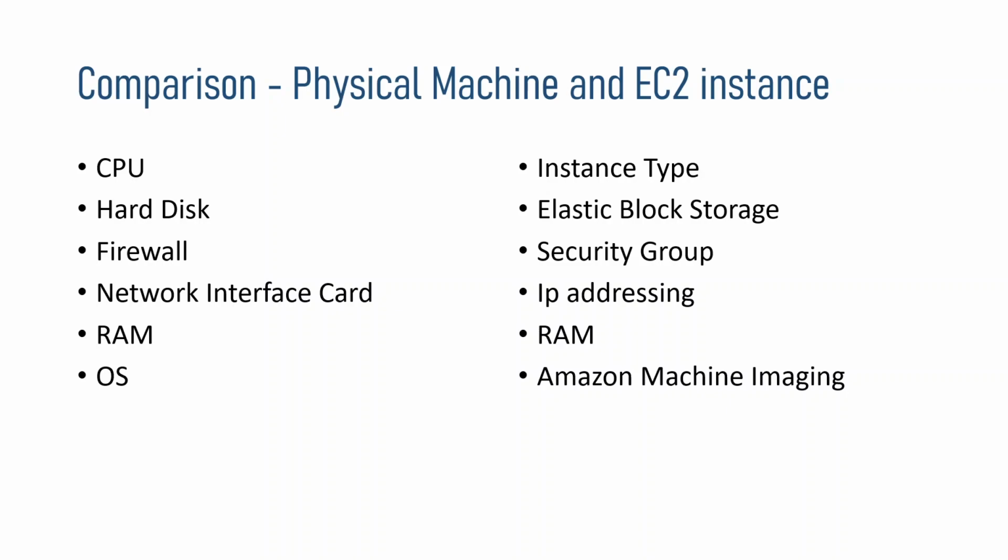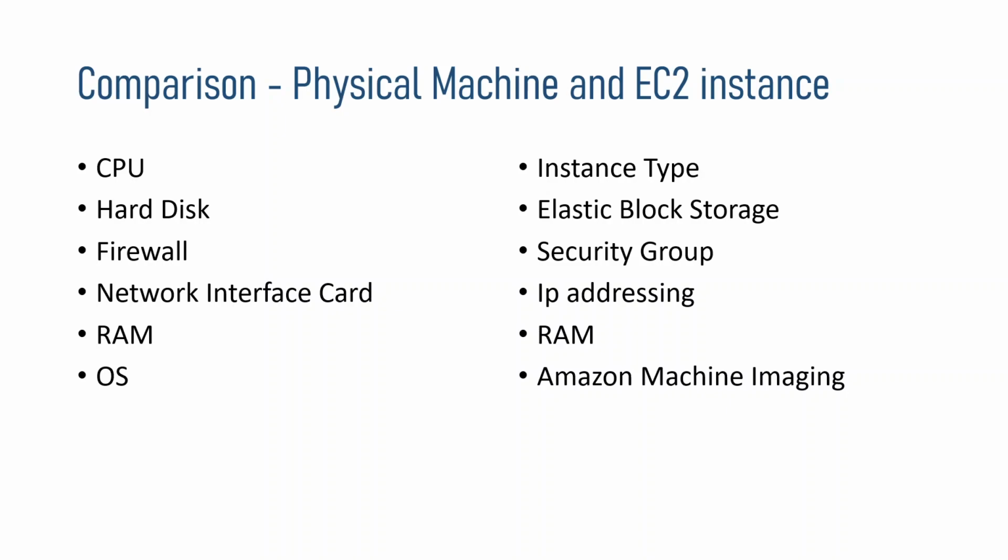That is again configurable in EC2. In normal physical machines, we will have a LAN through which we can connect our machine to the network. In EC2, we refer to it as IP addressing. We decide which data center and through which network you are going to expose your instance. That is again selectable in EC2.